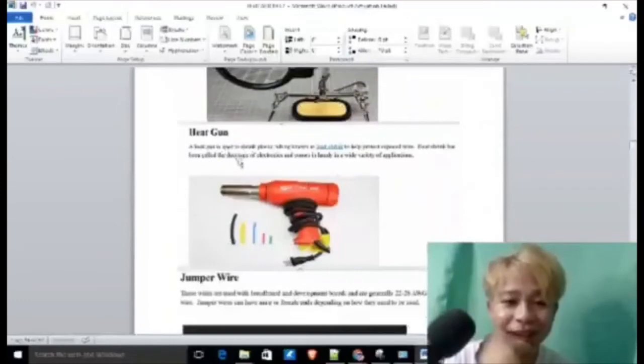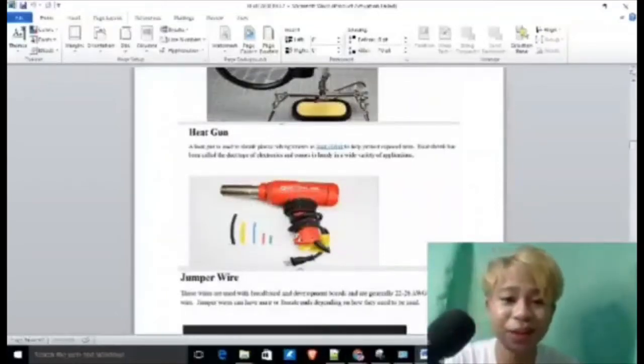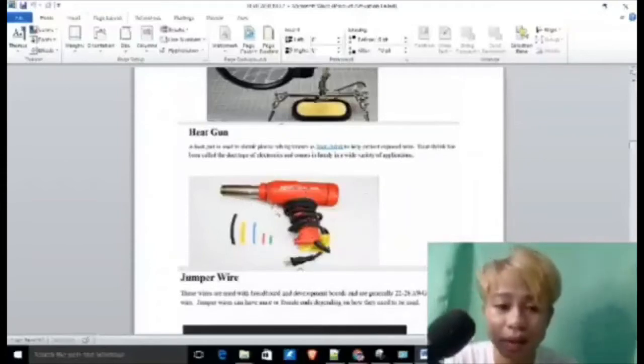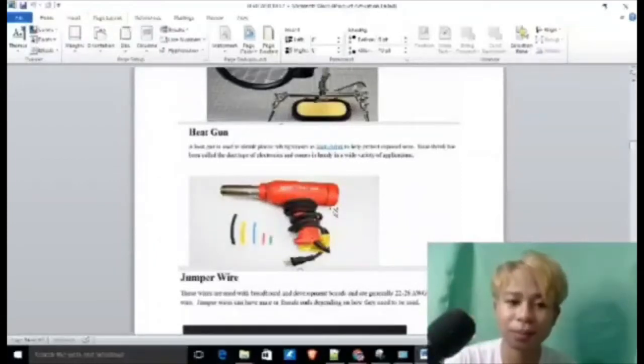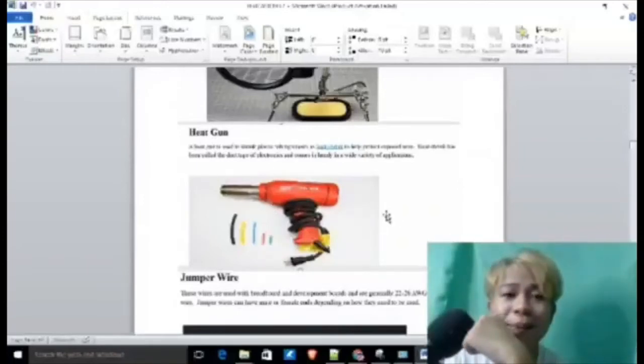Yeah, this one, I don't know what this is. I just see this only here. One thing that I know is that it's a family of the glue gun.